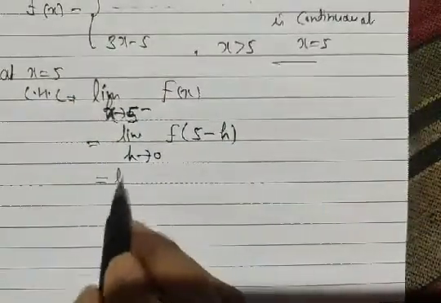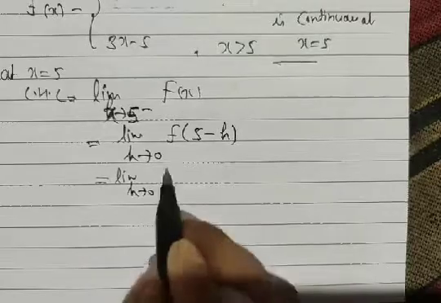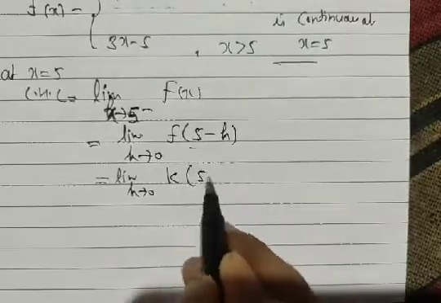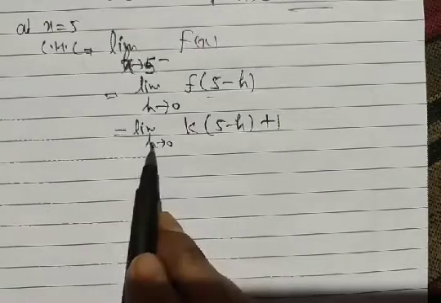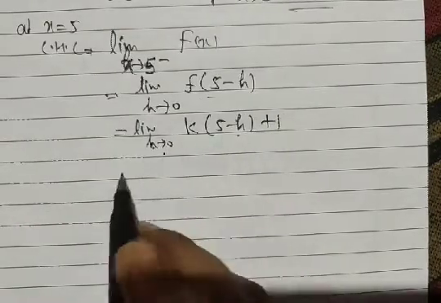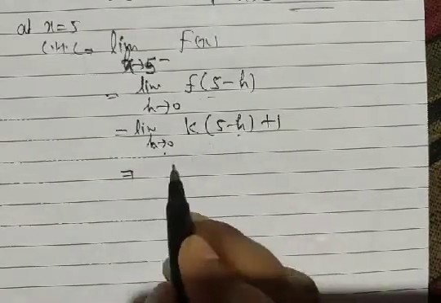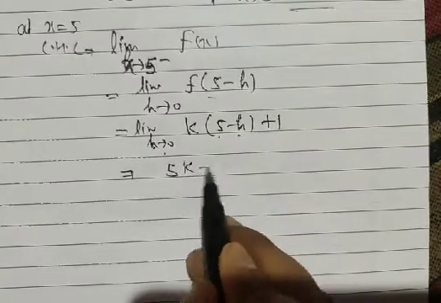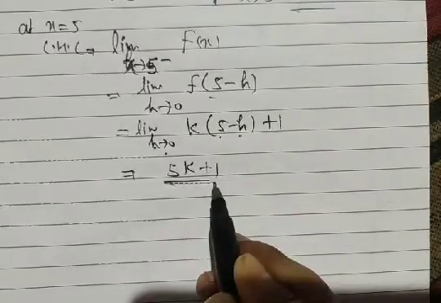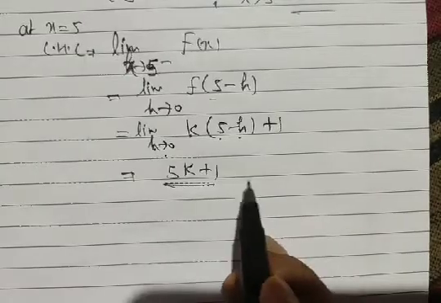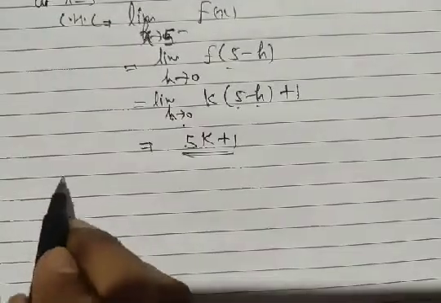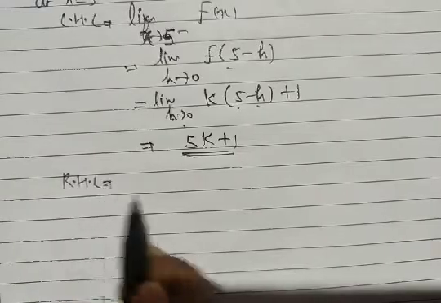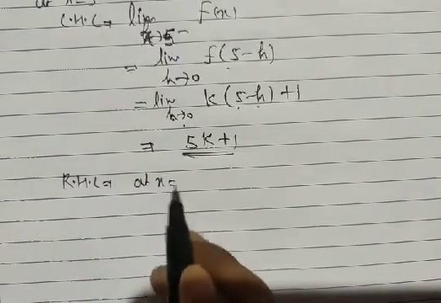This means limit h tends to 0 of k times x plus 1, where x is 5 minus h. When h tends to 0, the limiting value is 5k plus 1. Our left hand limit is 5k plus 1. Now we are going to find our right hand limit at x equal to 5.